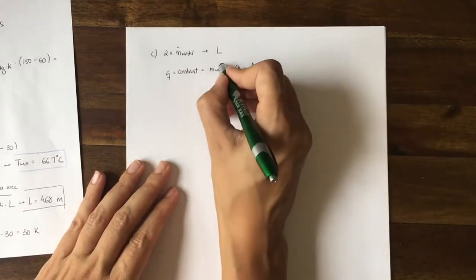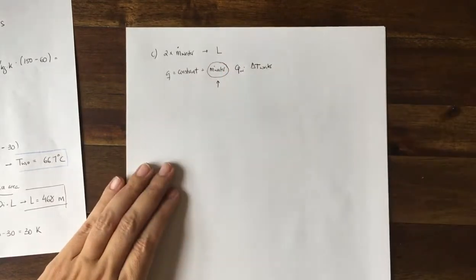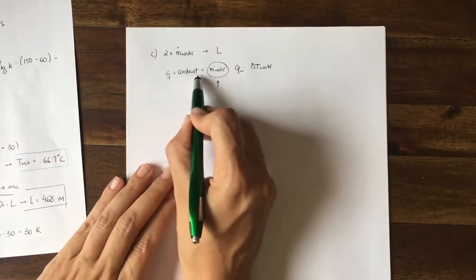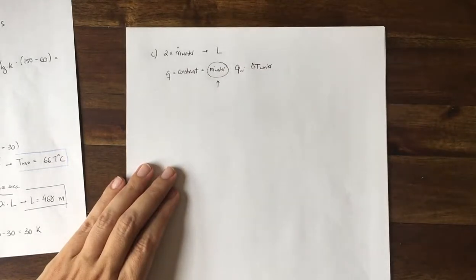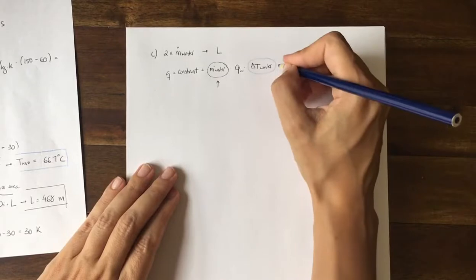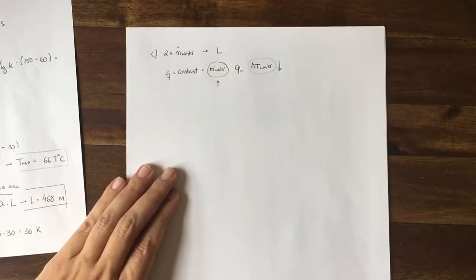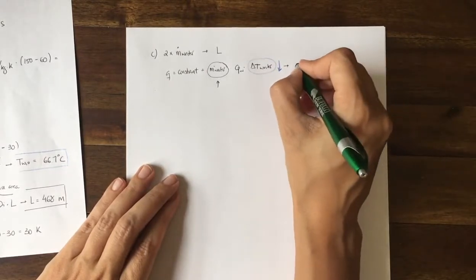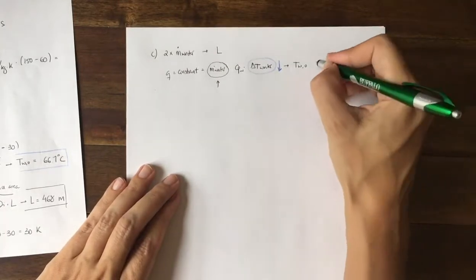So if we have now a higher flow rate, in order for Q to stay constant, the delta T of the water must be smaller. And if the delta T of the water is smaller, that means that the temperature of water at the outlet needs to be smaller as well.